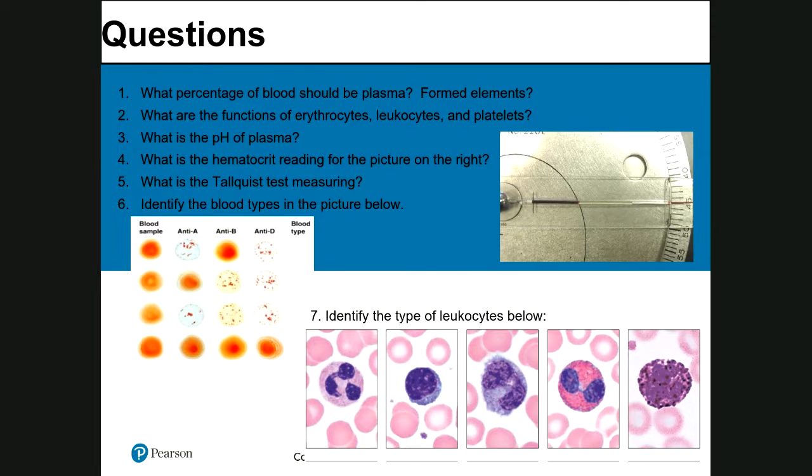If you look at it over here, you can read that this is 45% of the blood cells. The rest is the plasma.